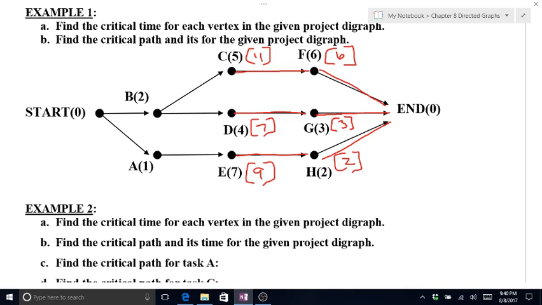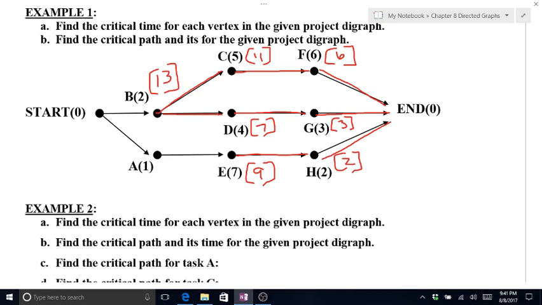Okay, notice when I work backwards into B, I can either go from C to B or D to B. Which one's going to give us the biggest time? Is it 11 and 2 or 7 and 2? You always want to go with the bigger time. 7 and 2 give me 9, 11 and 2 give me 13, so B is going to have a total of 13.